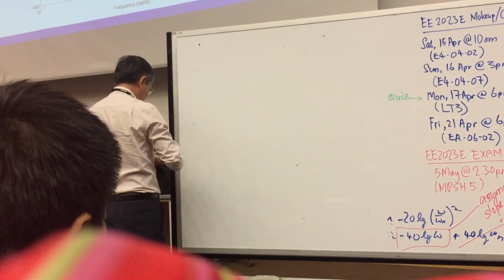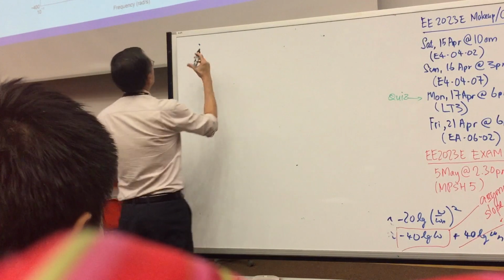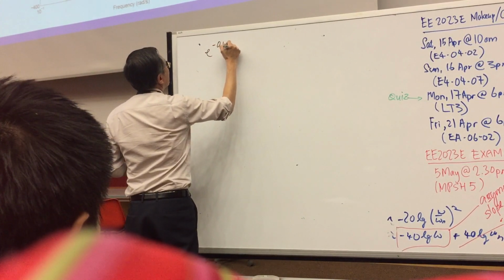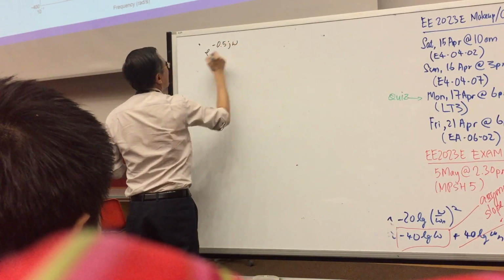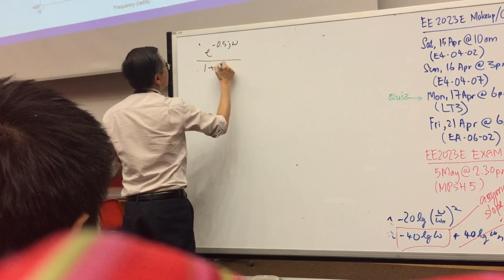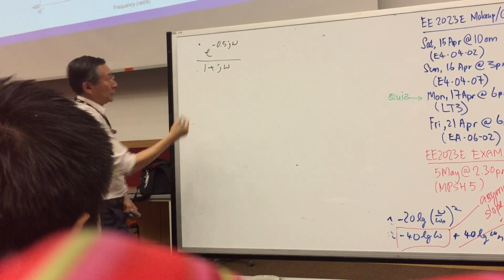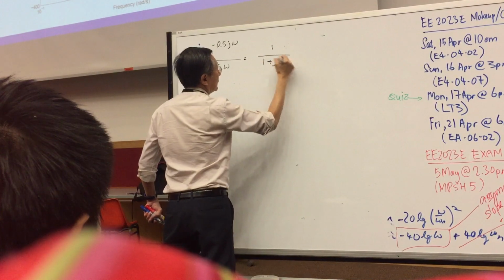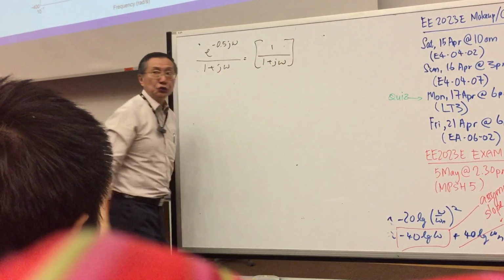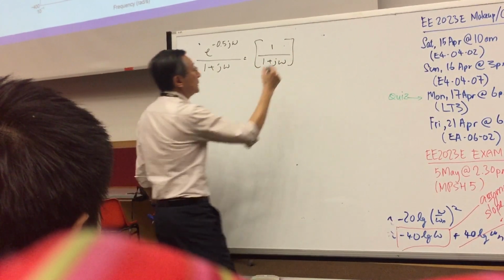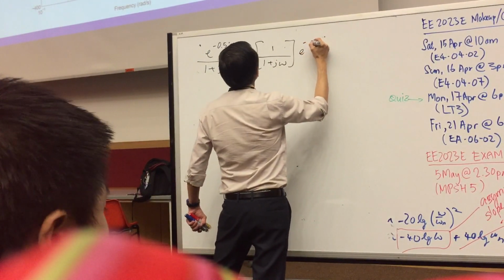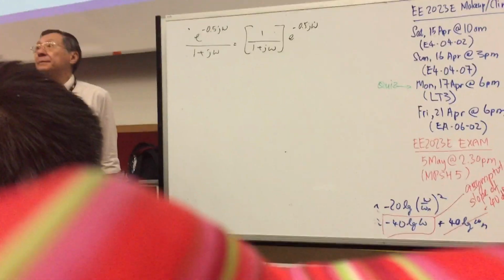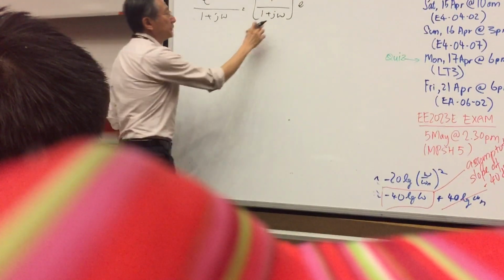So we basically bring it to the parts. This is the original G of j omega. And this is the delay.